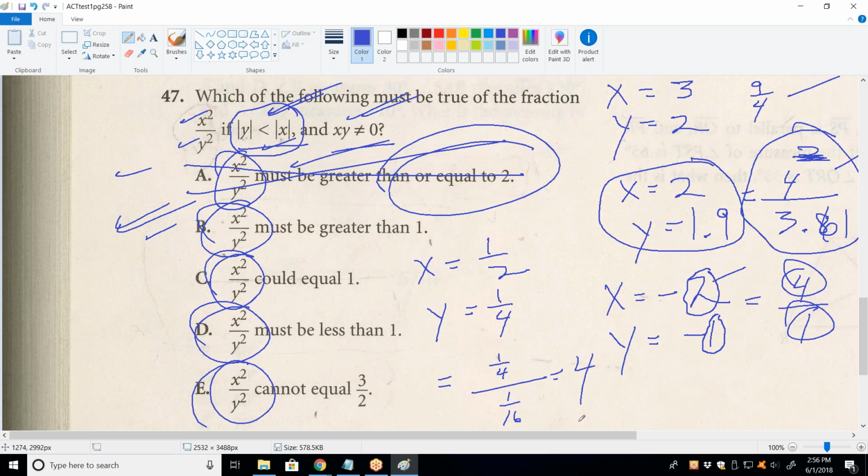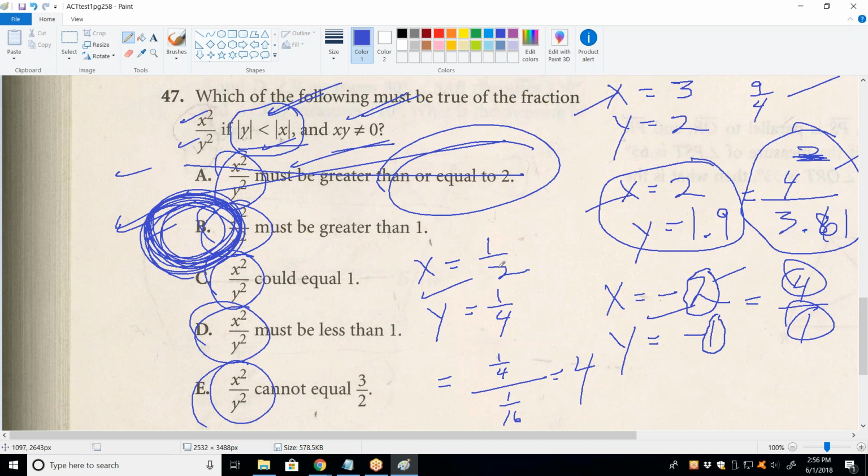That's greater than 1. So I like that. And I have tested 3 different choices of numbers. I basically checked that one, I checked that one, I checked this one, negative numbers, and I checked fractions. And every one of them is greater than 1.